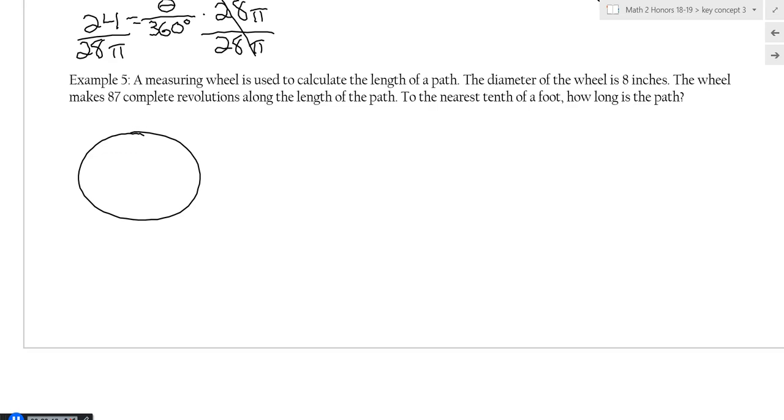So the diameter is 8. That means my radius is half that, which is 4. Okay, so the wheel makes 87 complete revolutions. So to find how long is the path, this is still an arc length problem. But instead of an angle, we're given how many times it spins. If it went half, we'd measure by 1/2.